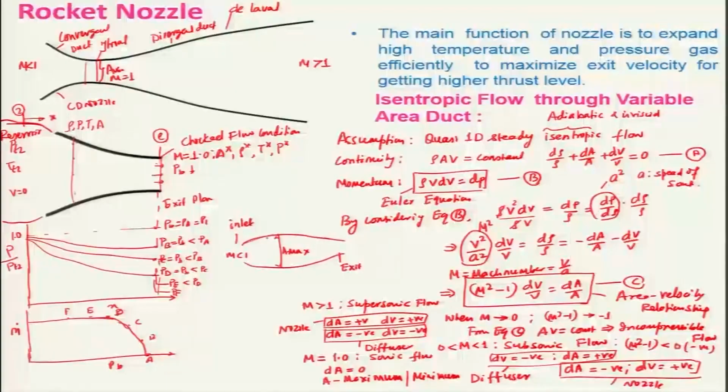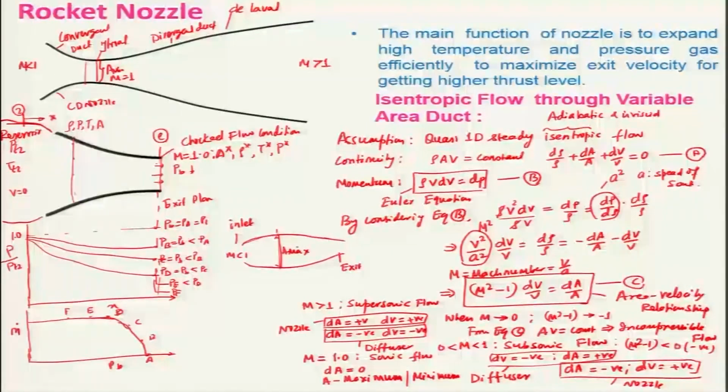There is an increase in area, so dA is positive. Therefore the velocity will be reduced, that means M becomes more subsonic at the maximum area condition. After that there is a convergent portion, so it may increase, but it may not reach supersonic speed because it has not attained a minimum area.